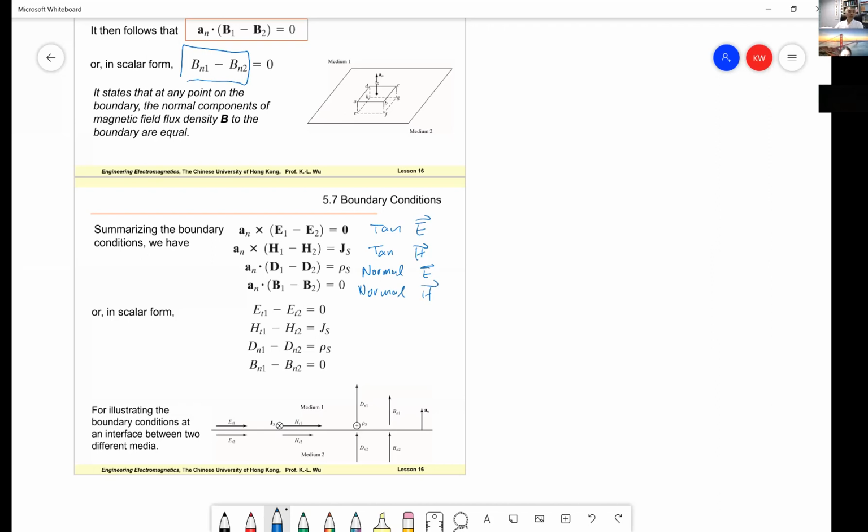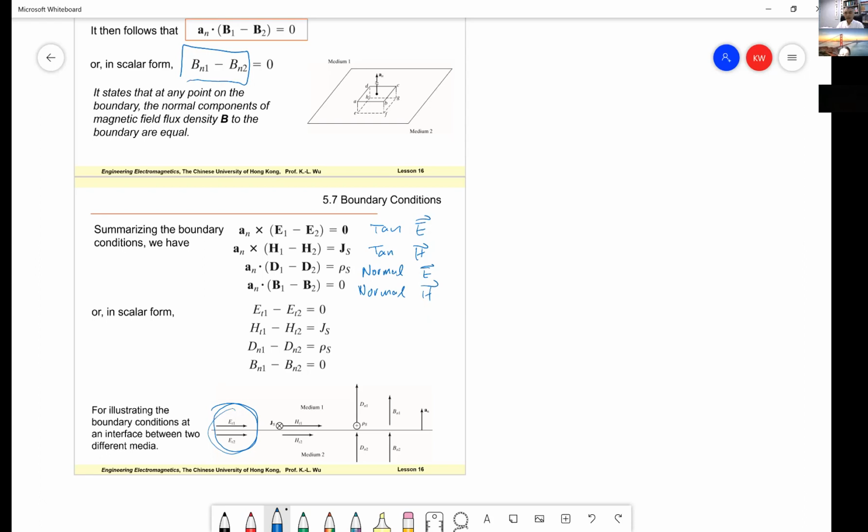Sometimes I use H, sometimes I use B or E or D. You can easily convert by the constitutive relationship. For electrical field, the tangential electrical field is continuous, no matter whether you have a current or not.